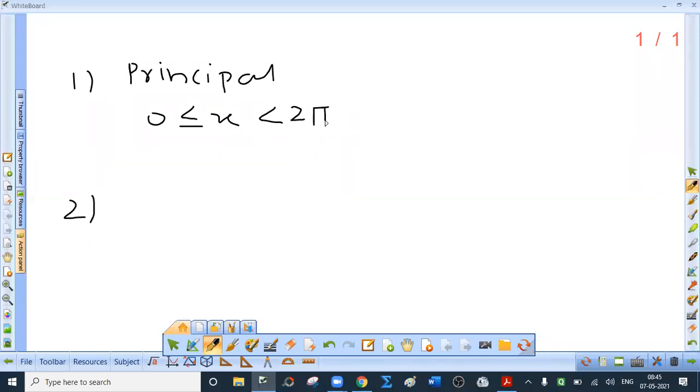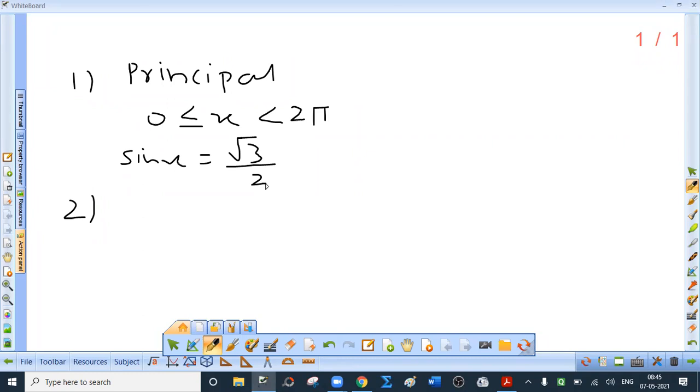For example, let me explain first. If you have any difficulty, you can ask me later on. Sin x equal to root 3 by 2. Now tell me what are the principal solutions. Tell me the angles. There will be two angles always. Tell me two angles lying between 0 and 2 pi, 0 is included, 2 pi is not, for which sine ratio is root 3 by 2.